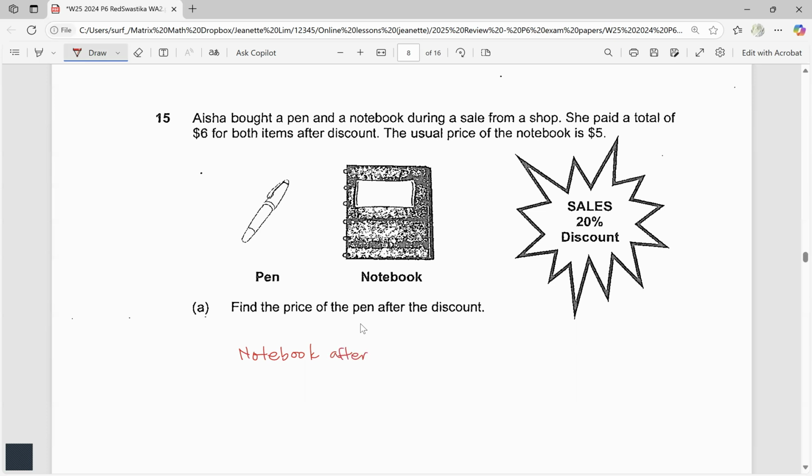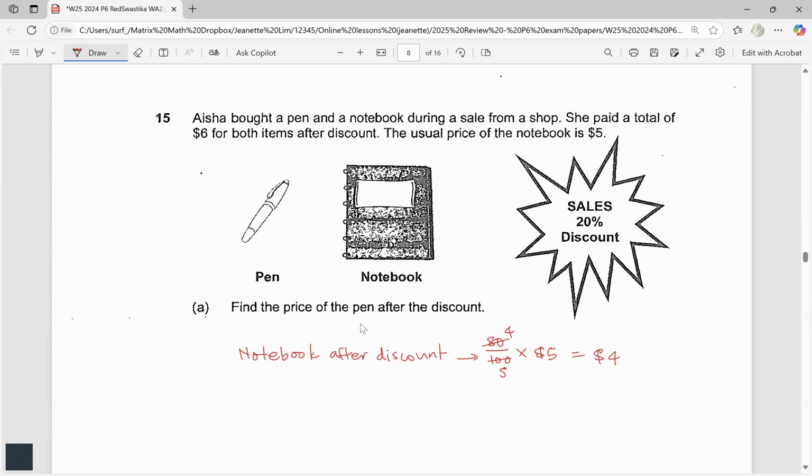So I know the original price is $5 for one notebook. And there's a 20% discount, so you actually pay 80%. So 80 over 100 times $5. Simplify, and then the 5 and 5 cancel. So this is $4.